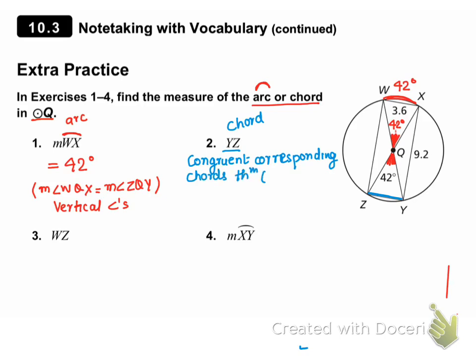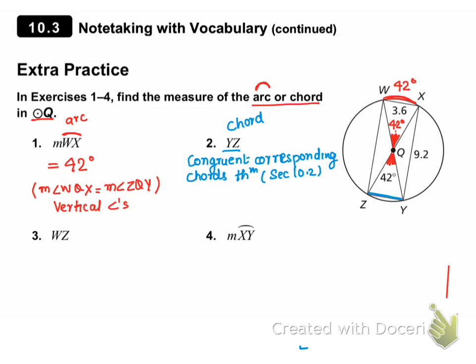For your information, you can check it over there. With the help of that theorem, if the chords are congruent, then their arc measures are also the same.